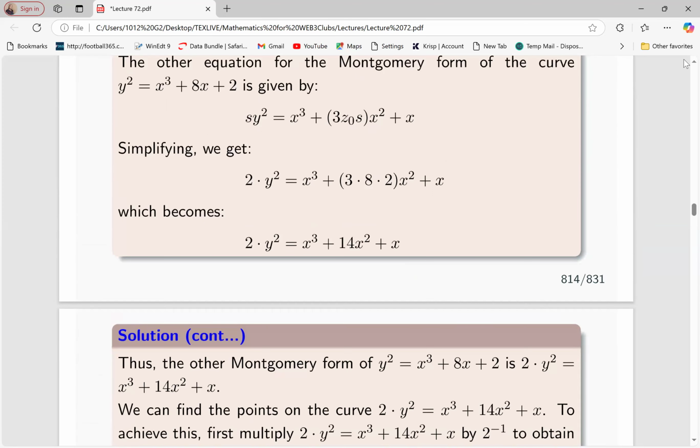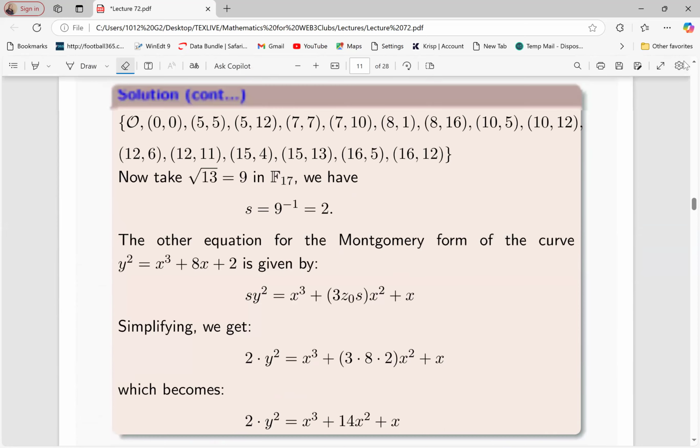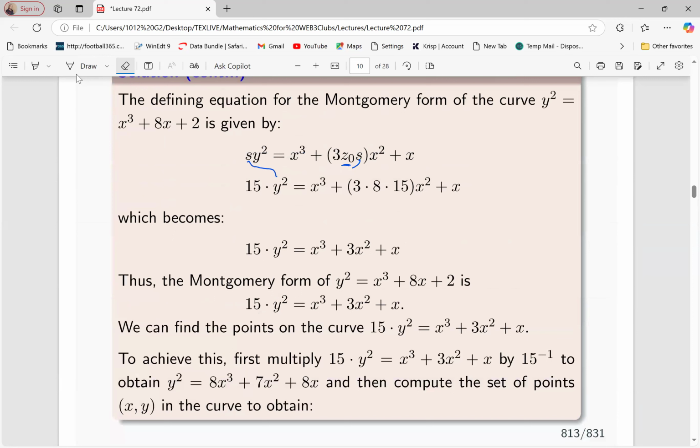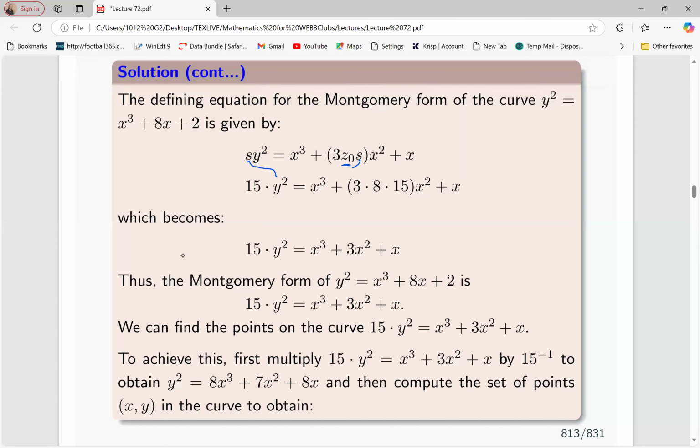So where was that? We found 15. 15 was our S, so we substitute it here: 15y squared plus x cubed. Then our 8 here, multiplied by 3, will be 24.